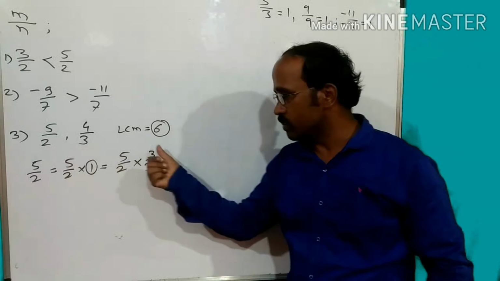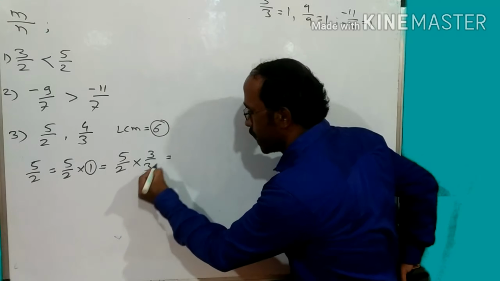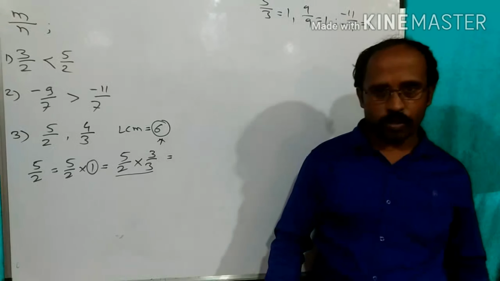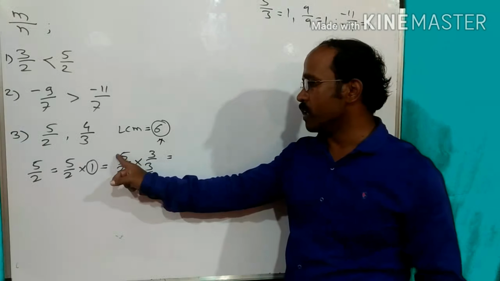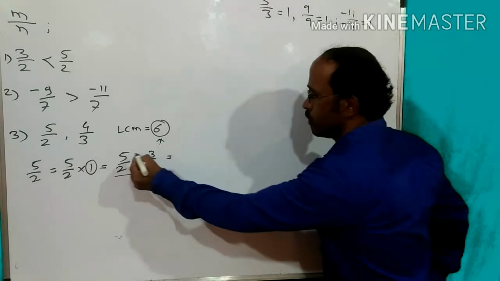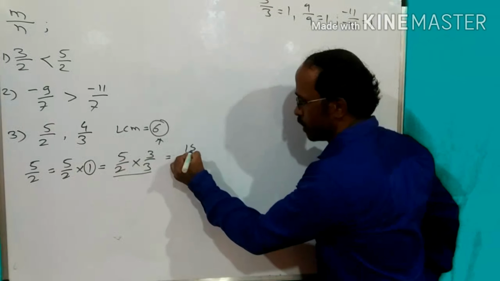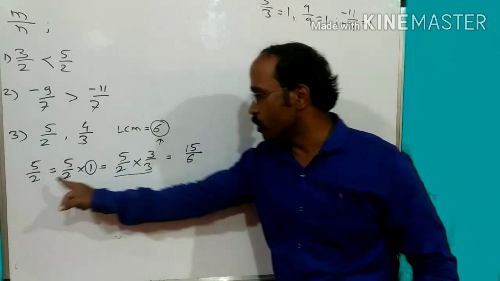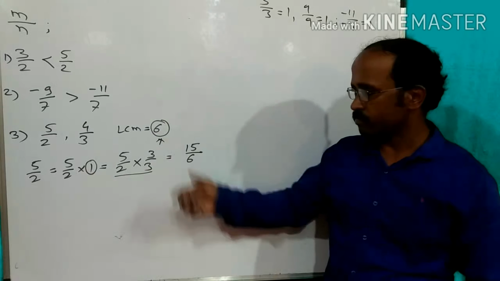Because 2 3s are 6. We have to make the denominator equal to 6. Okay. So we multiply this 5 upon 2 by 3 upon 3 and our answer is multiplication of numerator 15, multiplication of denominator 6. So 5 upon 2 is equal to 15 upon 6.